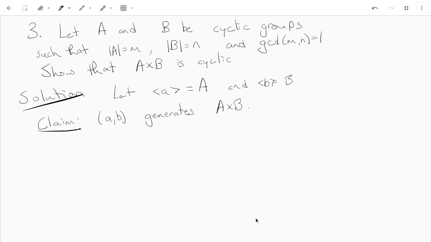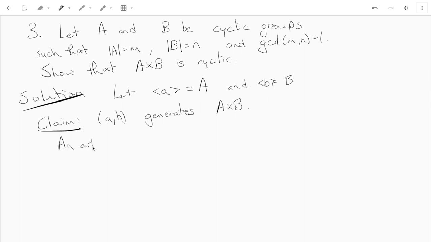Okay, so how do we prove that claim? Well, one way is we can compute the order of (a, b), or we could prove that an arbitrary element of A cross B is just a power of (a, b). Let's do it that way.